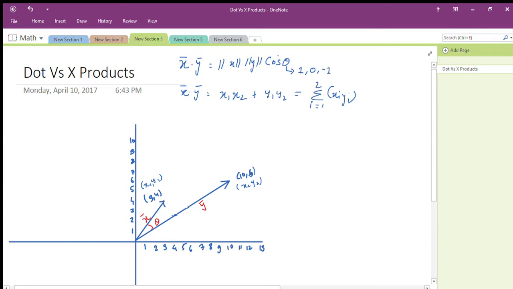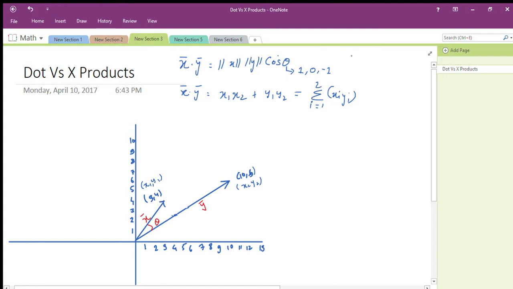So if these two vectors were perpendicular to each other, that is, none of them is going in any way the same direction as the other, then since it's 90 degrees, cos 90 is 0 and the value becomes 0. Whereas if these two are parallel, where theta is equal to 0, then cos theta gets its maximum value. That's 1 over here, and then the dot product also gets its maximum value.